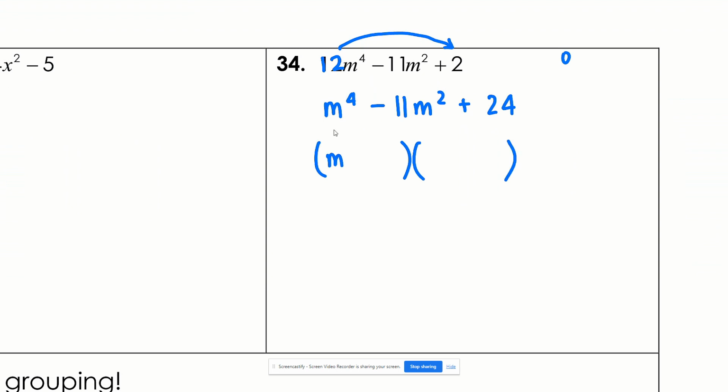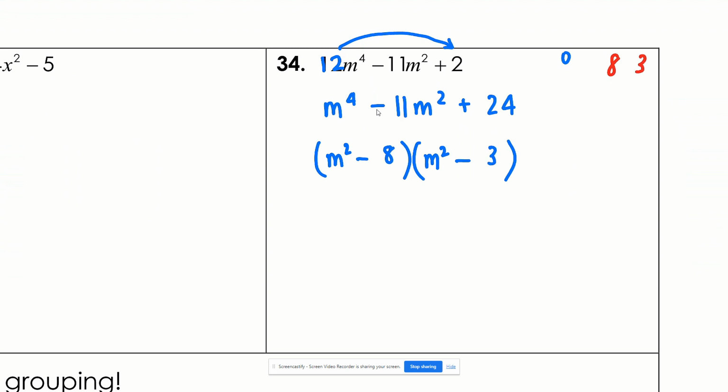Well, that's m squared and m squared. And see how that matches this right here? It absolutely does. What multiplies to get a positive? Well, either both positive or both negative. So right here, both negative. So we're looking for the two numbers that multiply to get 24, combine to get 11. Multiply to get 24, combine to get 11. 8 and 3. So it's got to be 8 and 3.